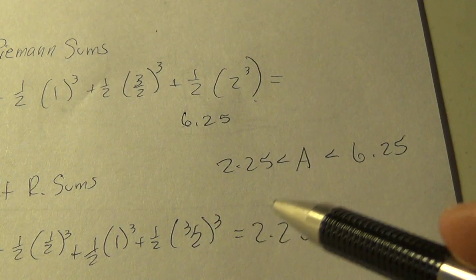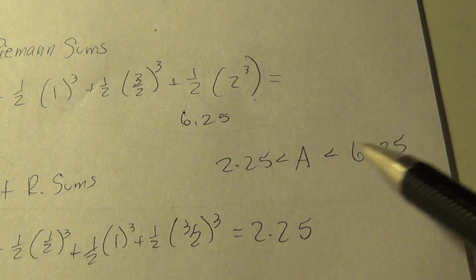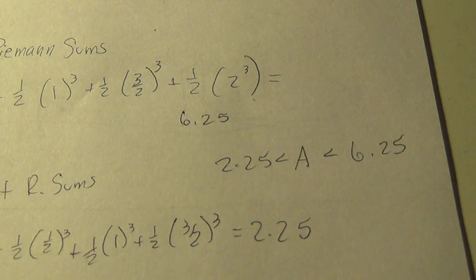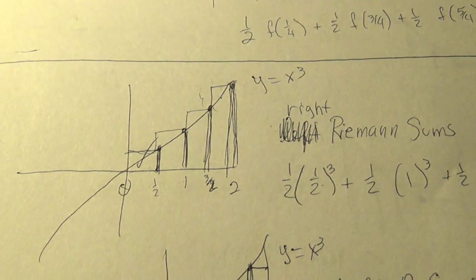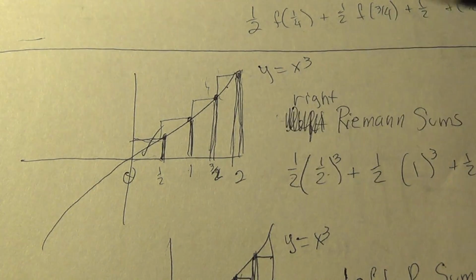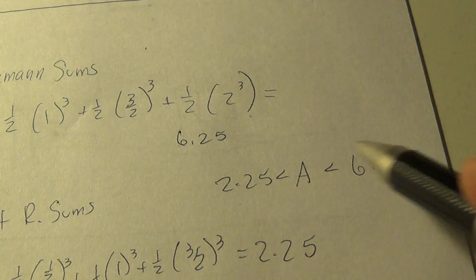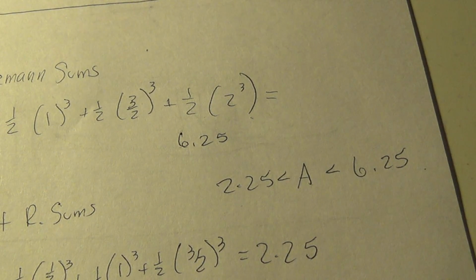So we know the true value is going to fall in between. We could increase the accuracy of those two numbers by increasing the number of boxes. The more boxes, subintervals we have, the smaller this range will be, the closer to the true area. And we can get as close as we want by adding more boxes.